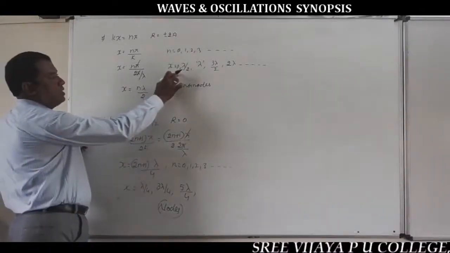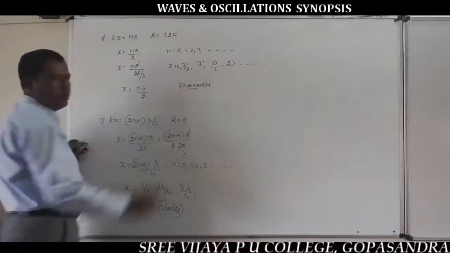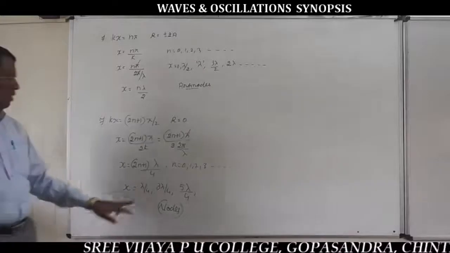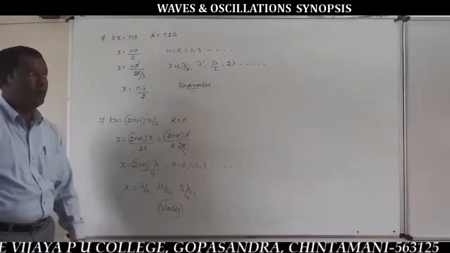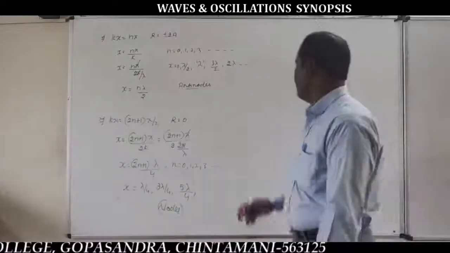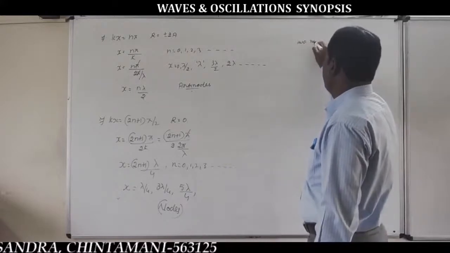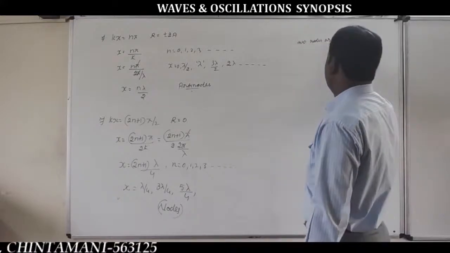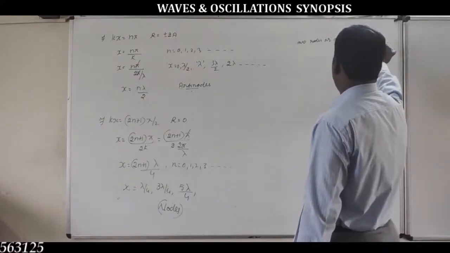At x is equal to 0, lambda by 2, lambda, 3 lambda by 2, 2 lambda, there is generation of antinodes. And at x is equal to lambda by 4, 3 lambda by 4, 5 lambda by 4, and so on, there is generation of nodes. And in the previous diagram, we had seen that the distance between two nodes or antinodes is lambda by 2.